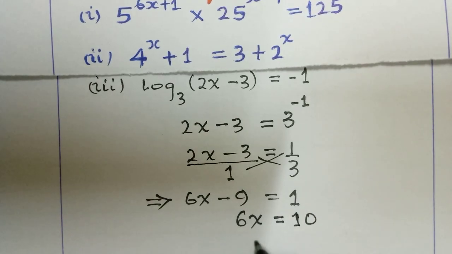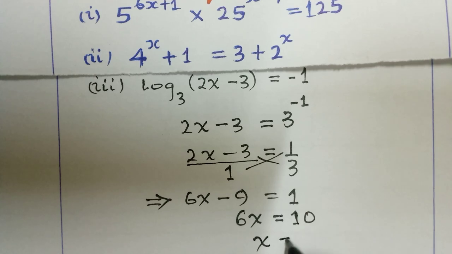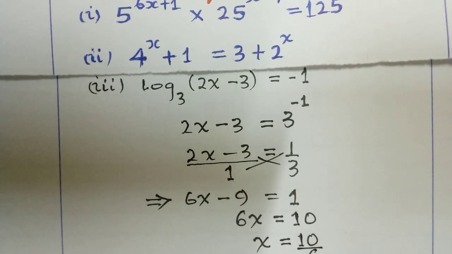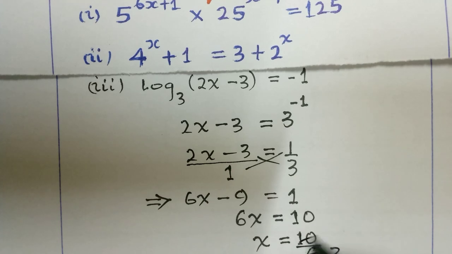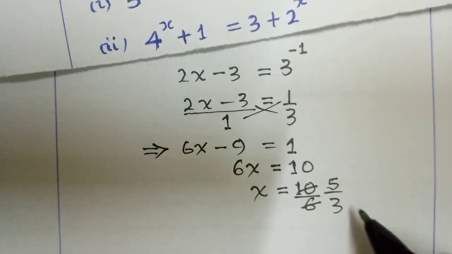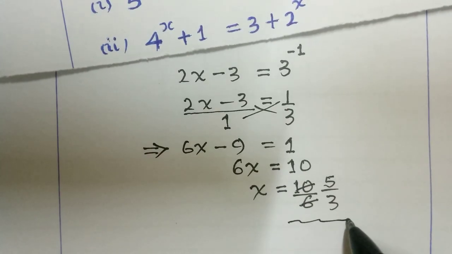So x is then going to give us 10. We are going to have x being equal to 10 over 6, which now we can divide by 2, 3 by 2, 5. And so guys, that is our solution for that question.